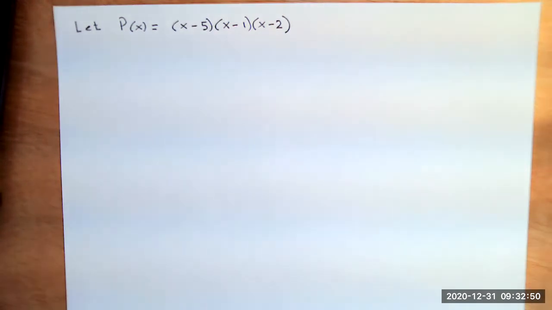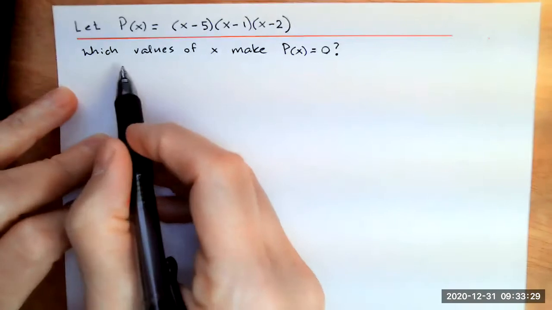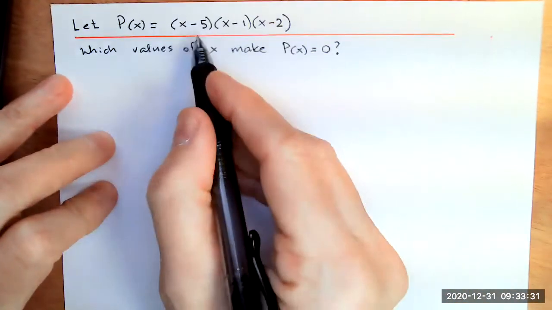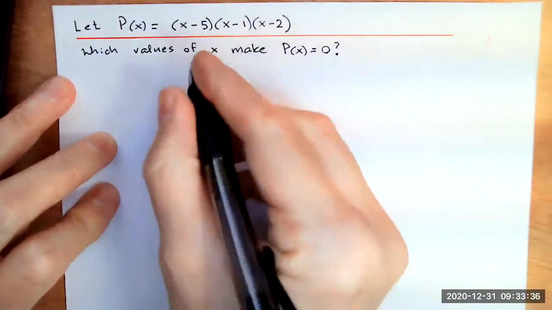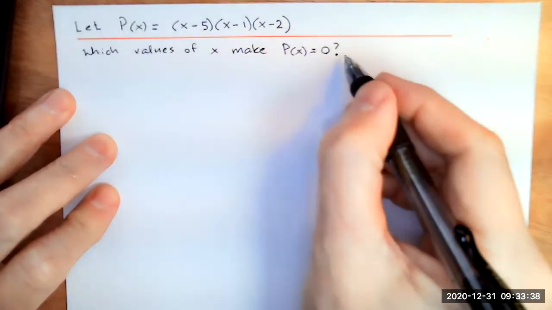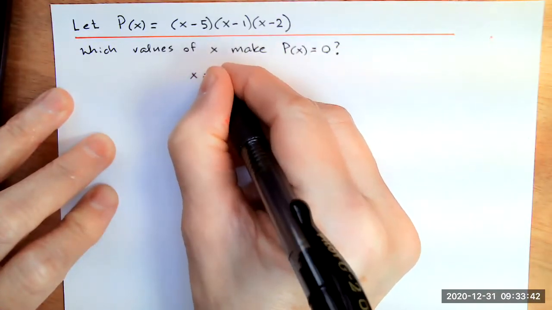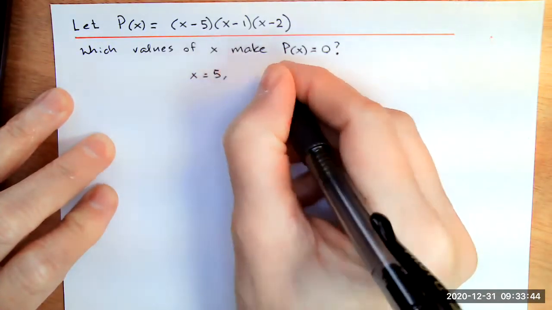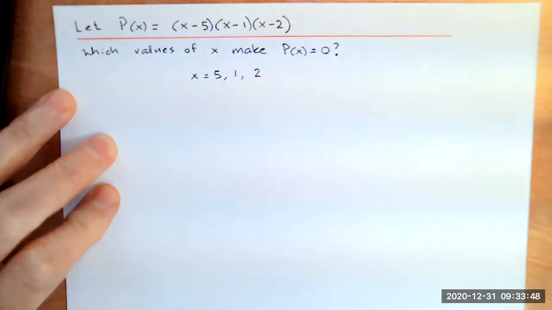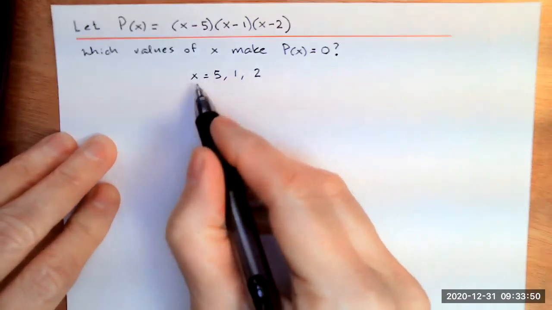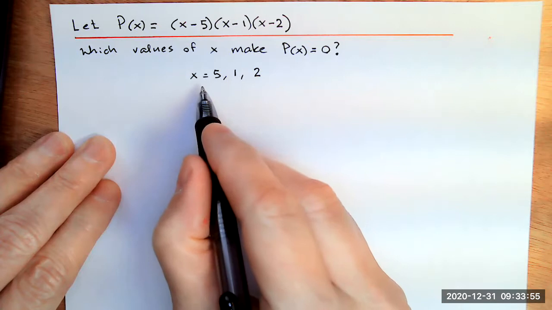All right, so you can probably do this in your head, but if you can't, just take each factor and set it equal to 0. So the values of x that make p of x equal to 0 would be x equals 5, x equals 1 and x equals 2. So we're going to have x-intercepts at the following values of x.